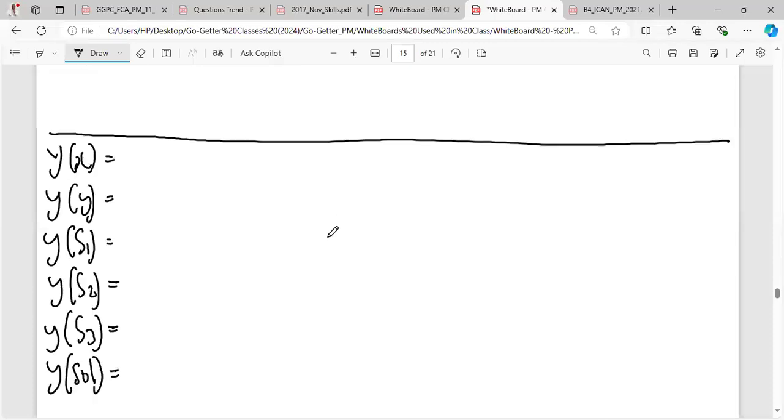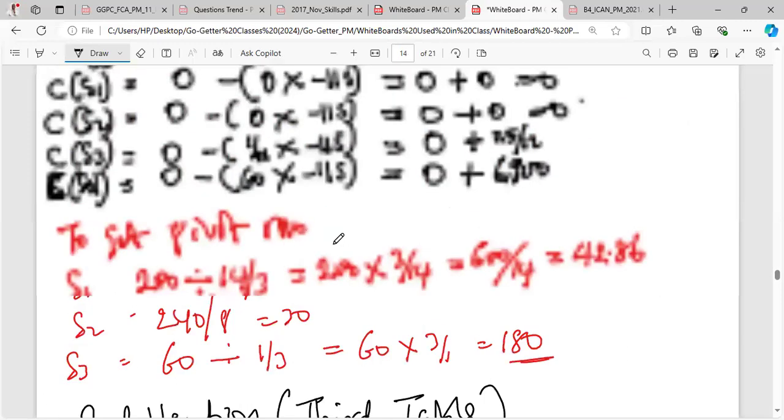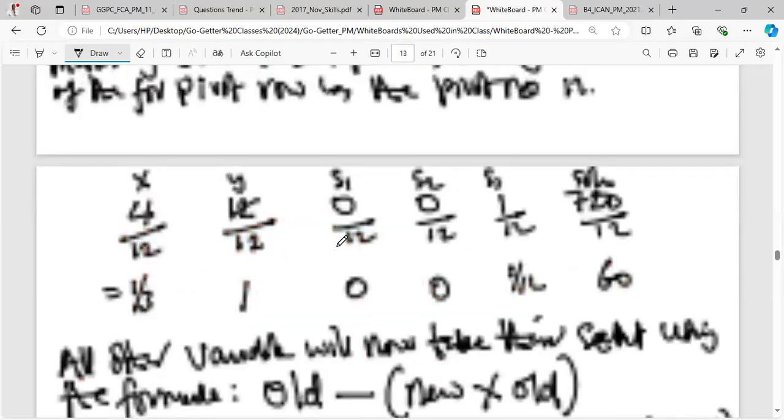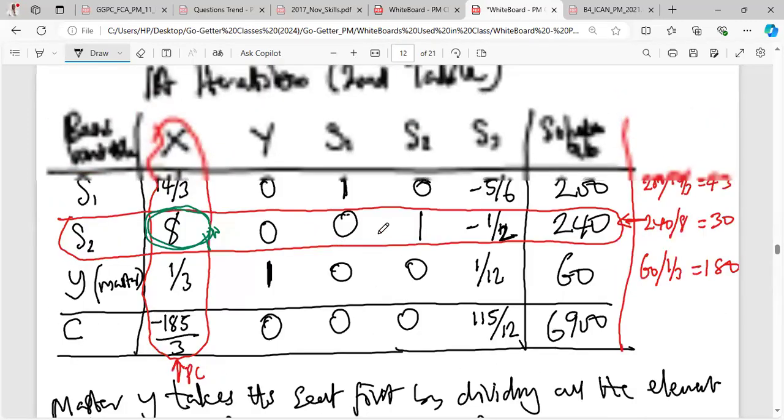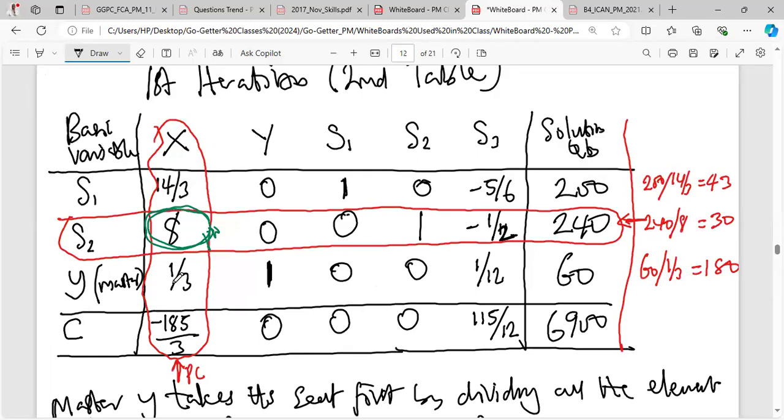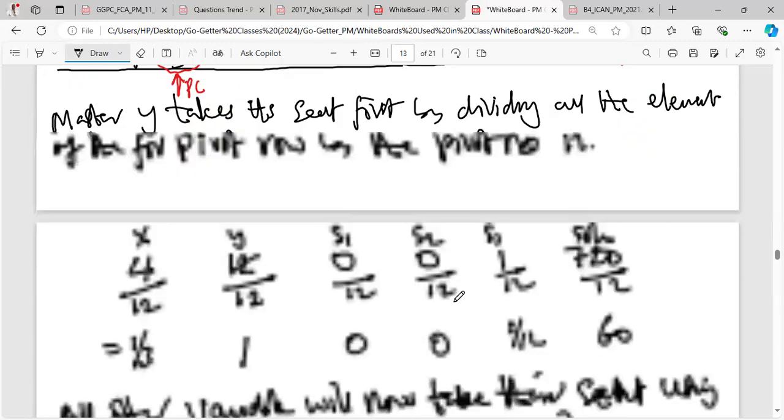Okay, so go to the old y and bring the values. 1 over 3, 1, 0, 0, 1 over 12, 60.